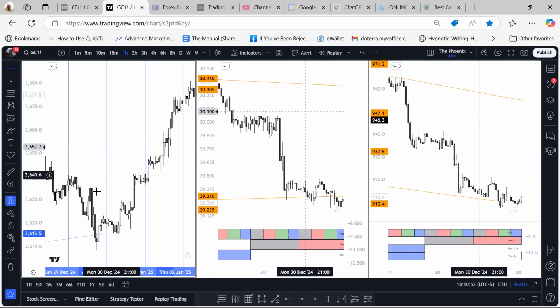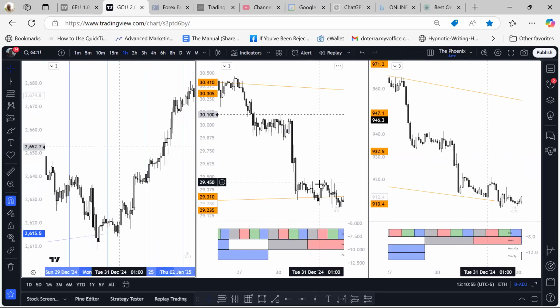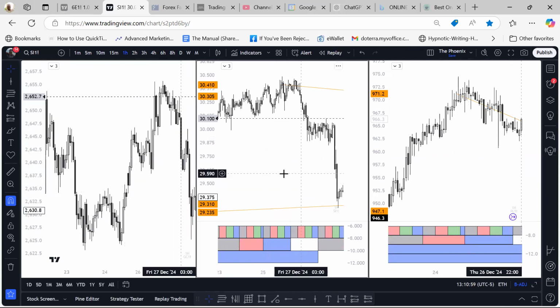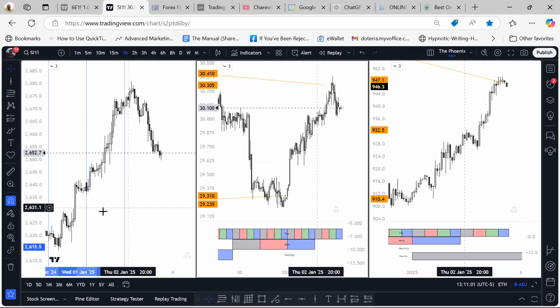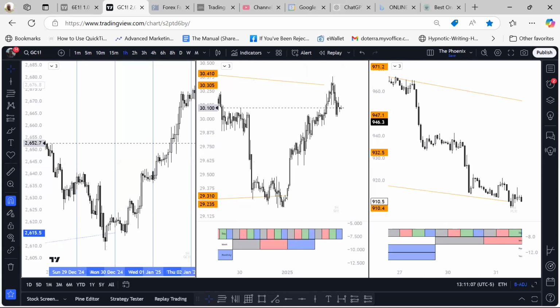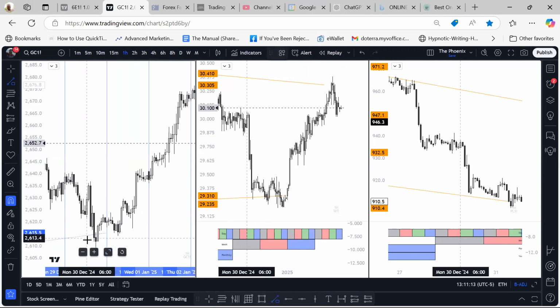So this is exactly what I'm speaking about. Monday sets that range. Tuesday fails to take the low here.